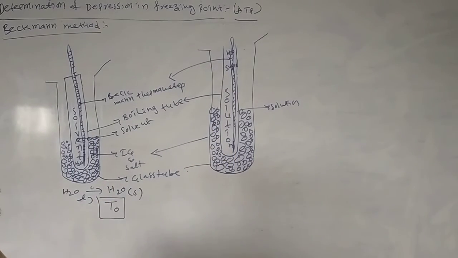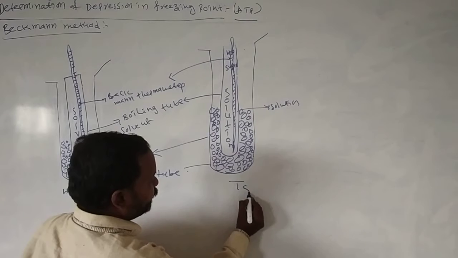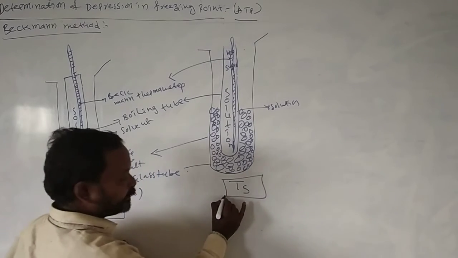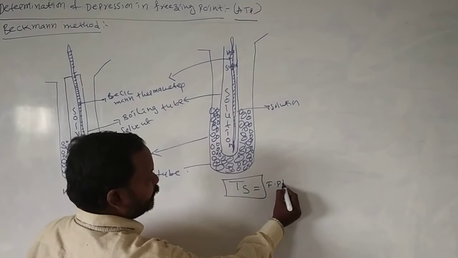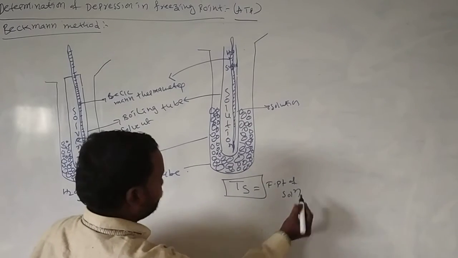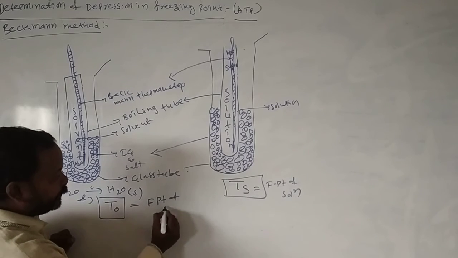After 10 or 15 minutes, the solution also freezes. That temperature is indicated with TS. What is TS? The freezing point of solution. What is T0? The freezing point of solvent.